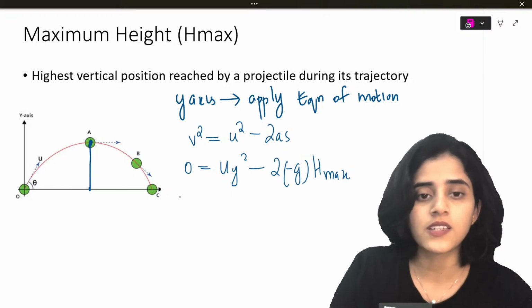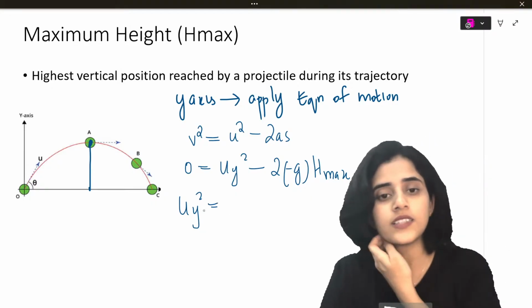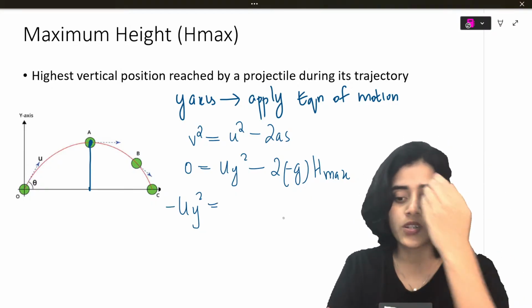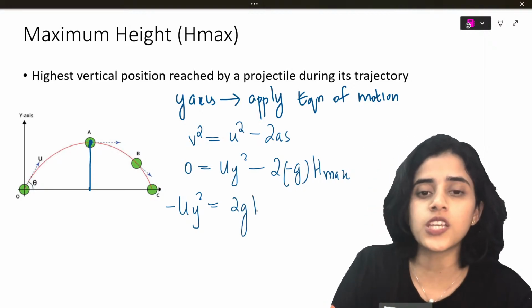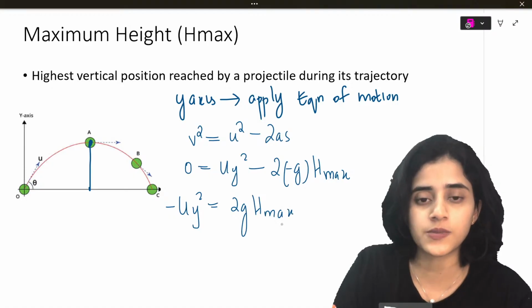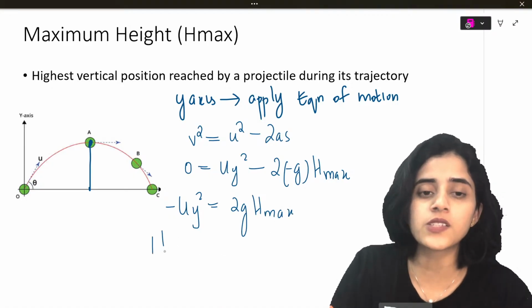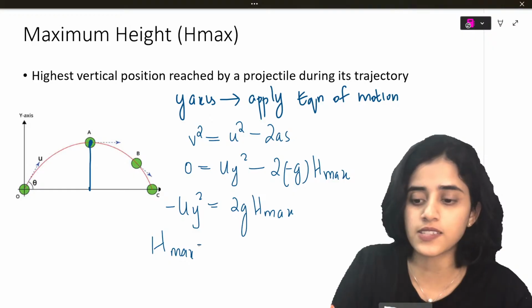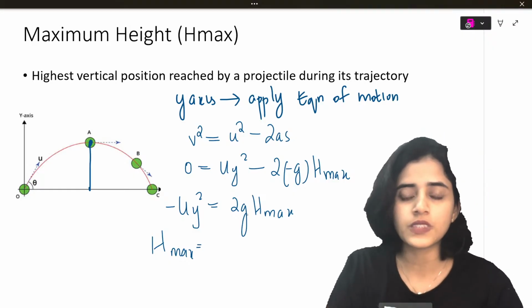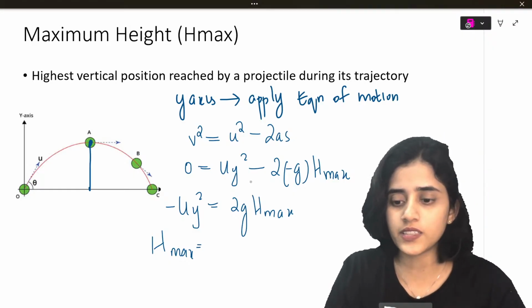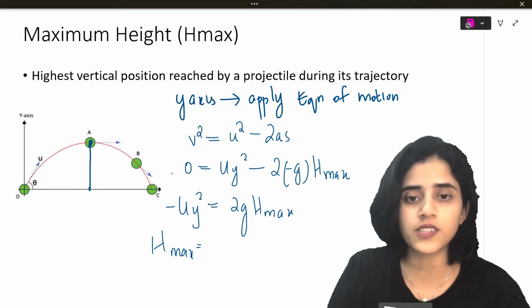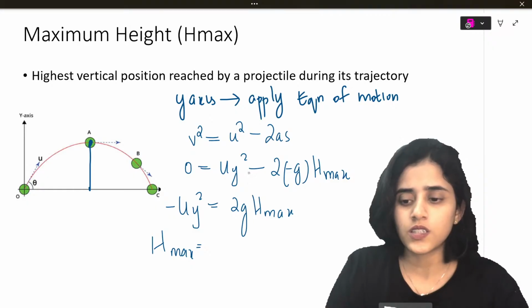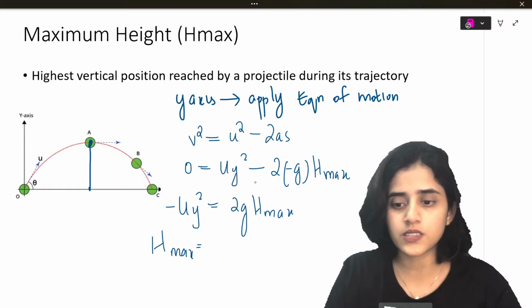So this becomes uy square is equal to minus minus becomes plus, so this becomes 2g h max. Okay. So from this, what is h max? h max is equal to minus. Okay, this is 0, right? So this will go to the other side. Minus.